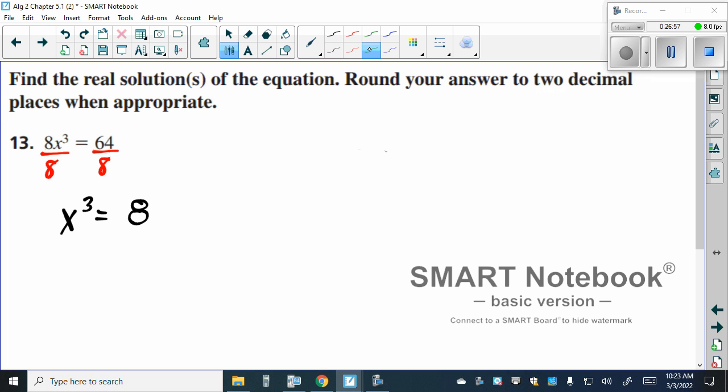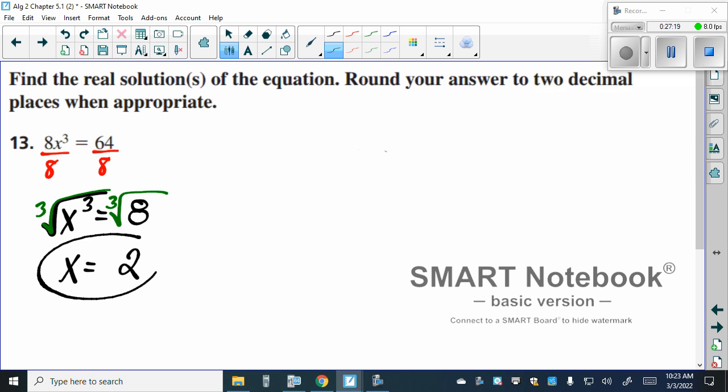Then what can we do? We can cubed root both sides. Now for this one here, would we have the plus or minus? Because it's an odd root. We took the cubed root. Since it's odd, we would only have one possible solution.